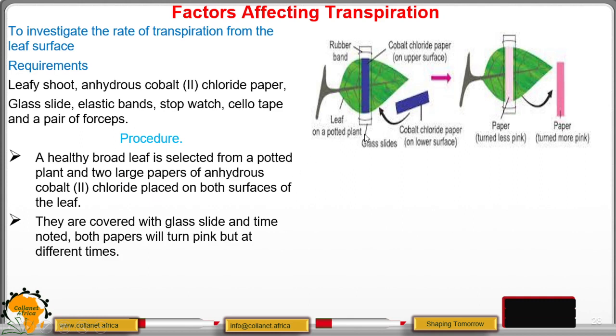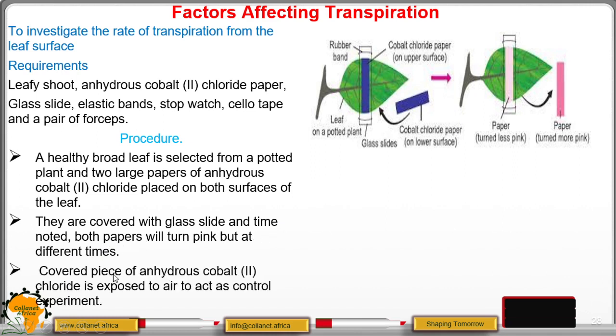Then the cobalt-2 chloride papers are covered with glass slides and the time taken by both papers to turn pink is noted. Another covered piece of anhydrous cobalt-2 chloride is exposed to air to act as a control experiment.